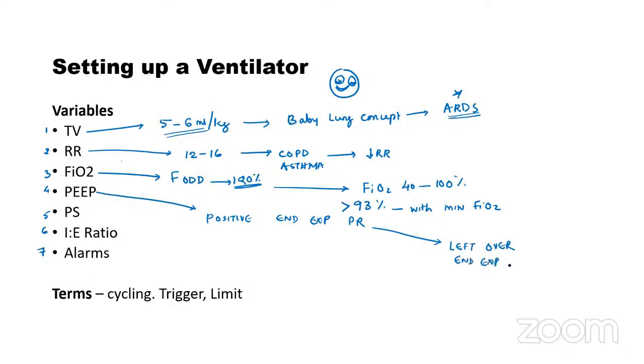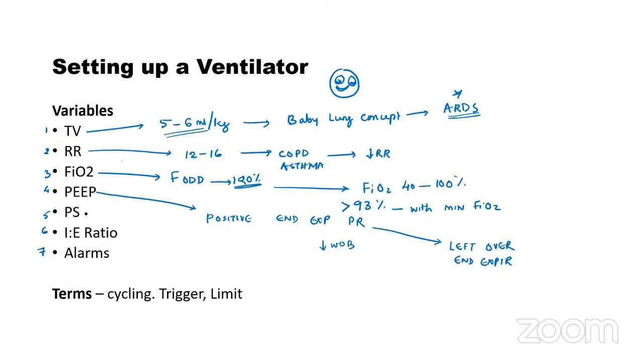Because normally when you expire out, all the pressure should have gone down because the whole air is exhaled. Now, by applying PEEP, you always leave some amount of pressure within the thoracic cavity, within the lung, in order to prevent the closure of the alveoli. That is the point. So PEEP helps us to reduce the work of breathing so that next time you don't have to open because it is already kept open.